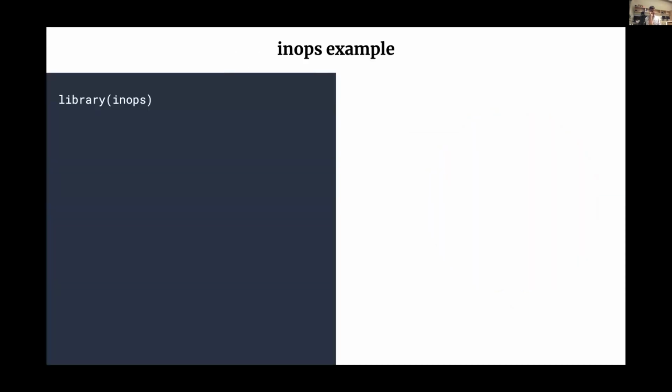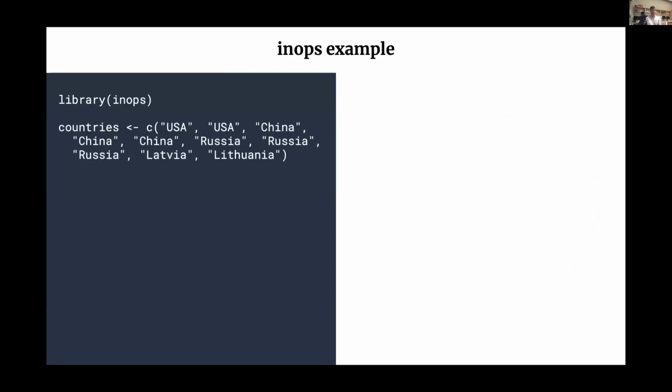And just like a quick example of how we exploited the syntax. So in this package, we created basically a big list of various infix assignment operators. So for this example, here we have this vector of countries like USA, USA, China, China, China, Russia, Russia, Russia, Latvia, and Lithuania.